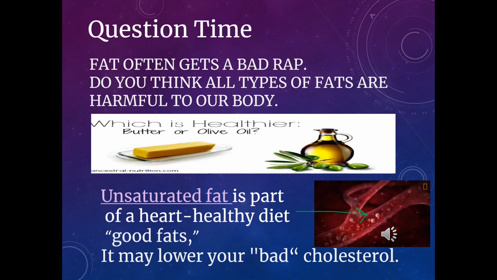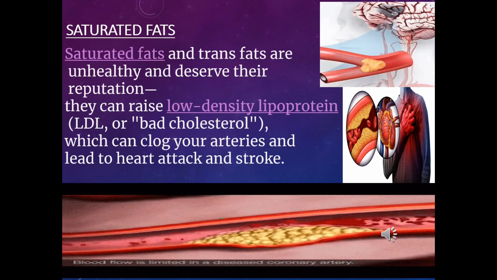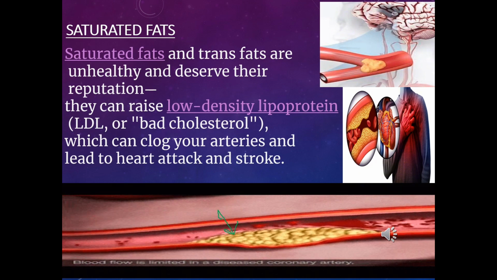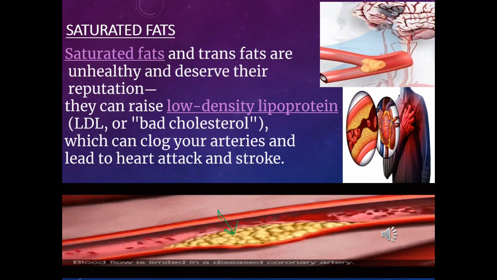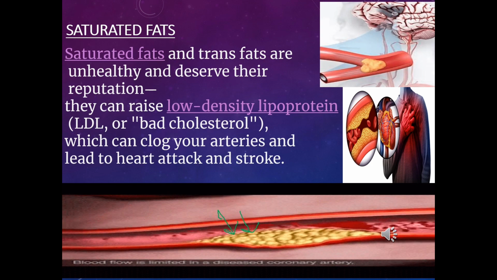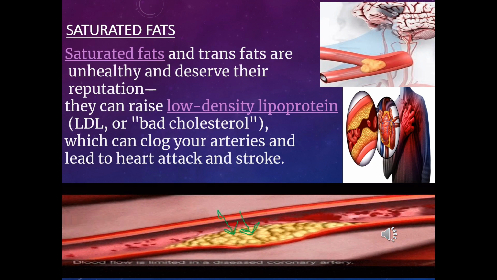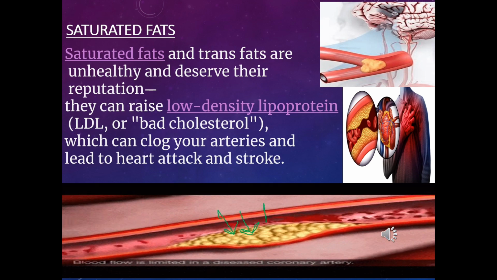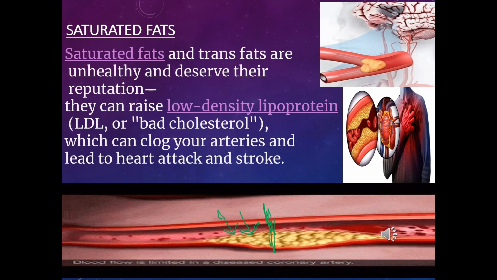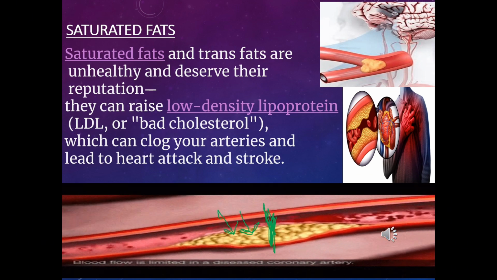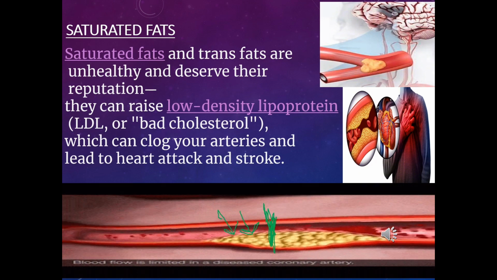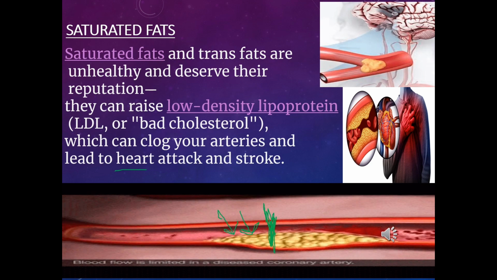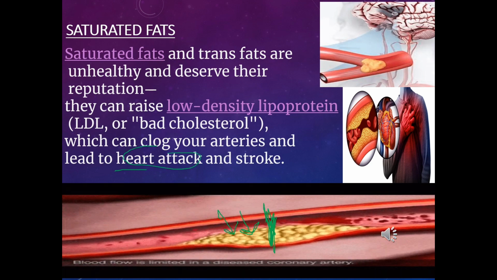And these are your arteries when the bad cholesterol accumulates here, and over time it will totally block the artery. This is actually a big problem, because if this artery is in the heart, it will give a heart attack. If it's in the brain, it will give a stroke.